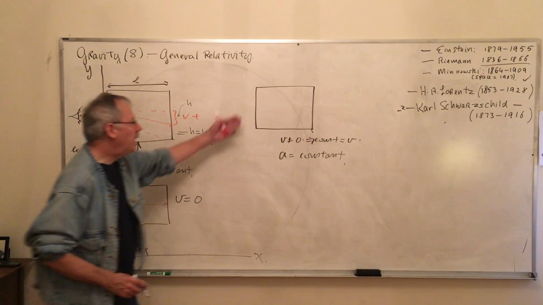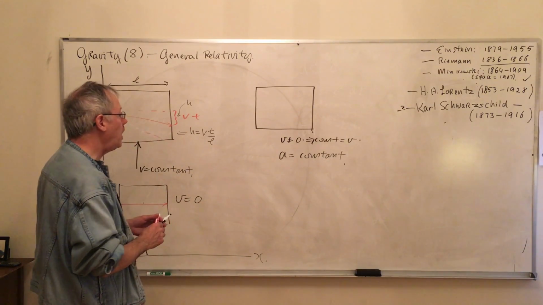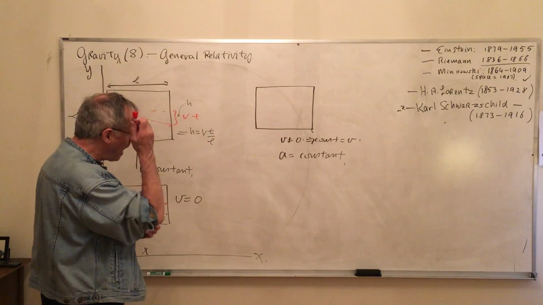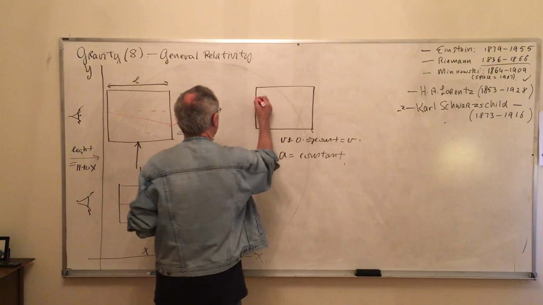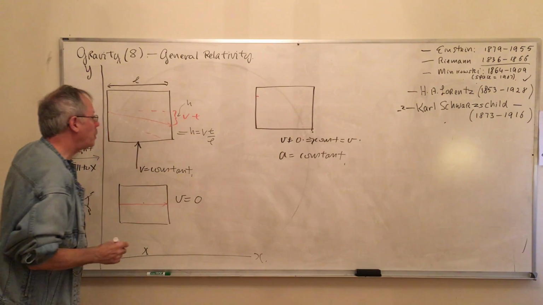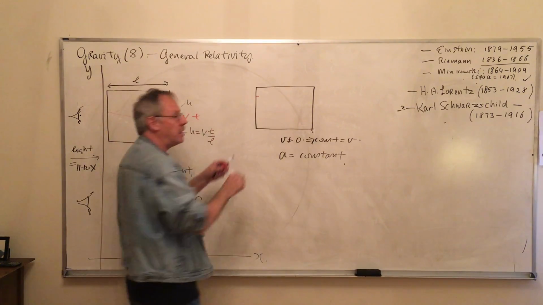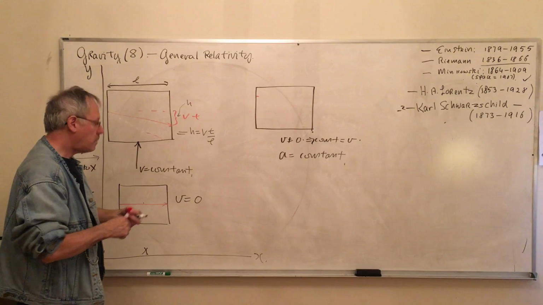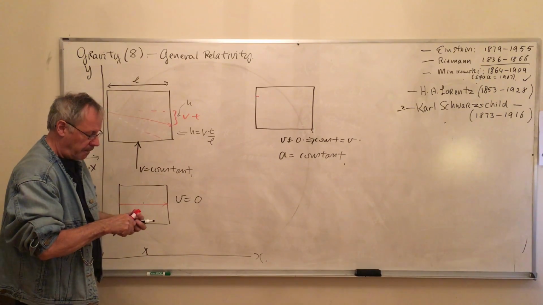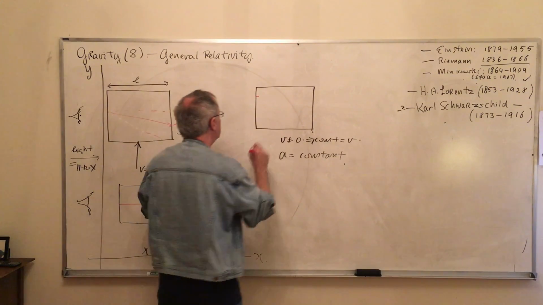Okay. So if we have this guy at an acceleration, here's what happens. We shine the beam of light. The same observer is watching. This one's going vertically up at a constant rate, but this one is accelerating upwards. What does the beam of light do?